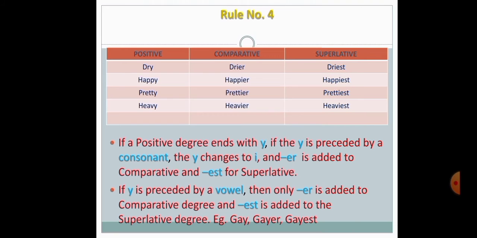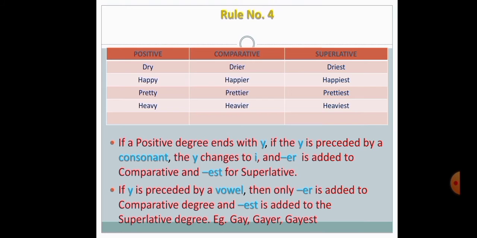Dry ends with y and it has the consonant r immediately before it, so we need to take off that y, put I instead, add er, and for superlative add est. So an adjective ending with y preceded by a consonant: remove y, add I, then er and est.